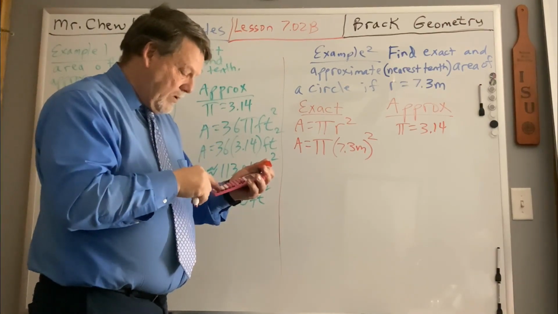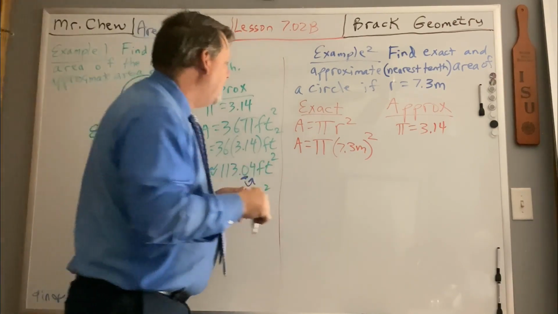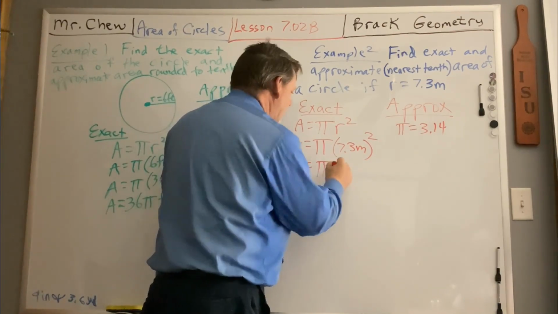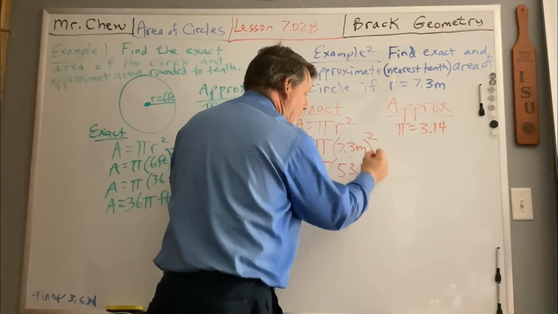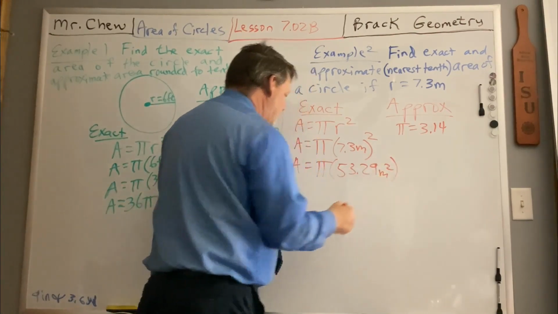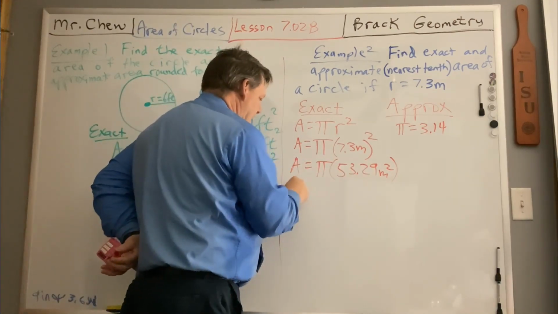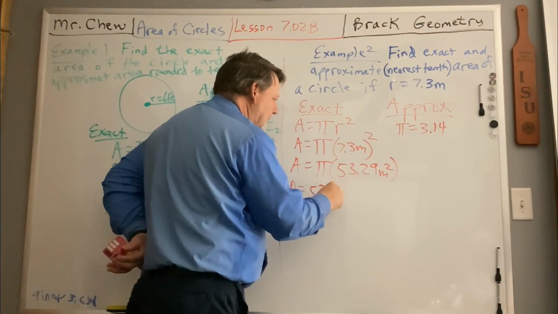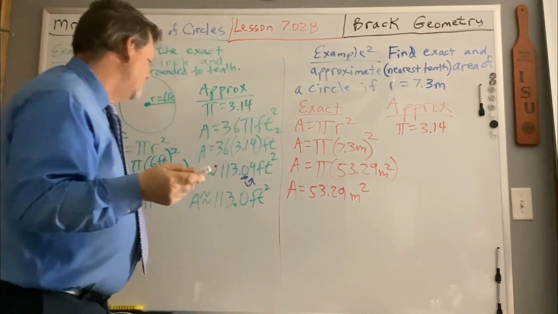So 7.3 squared is 53.29, and meters squared is meters squared. Now, I always write that, and this is exact. All right.